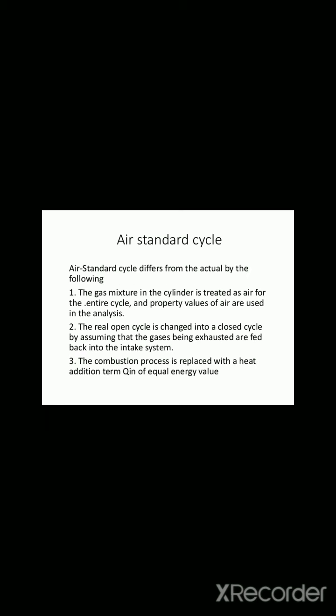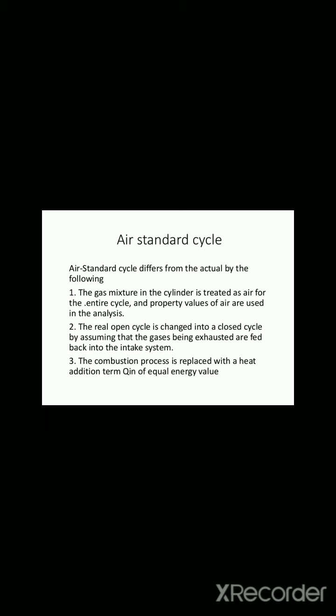Air standard cycle. The air standard cycle differs from the actual cycle in the following ways. First, the gas mixture in the cylinder is treated as air for the entire cycle, and property values of air are used in the analysis. Second, the real open cycle is changed into a closed cycle by assuming that the gases being exhausted are fed back into the intake system.